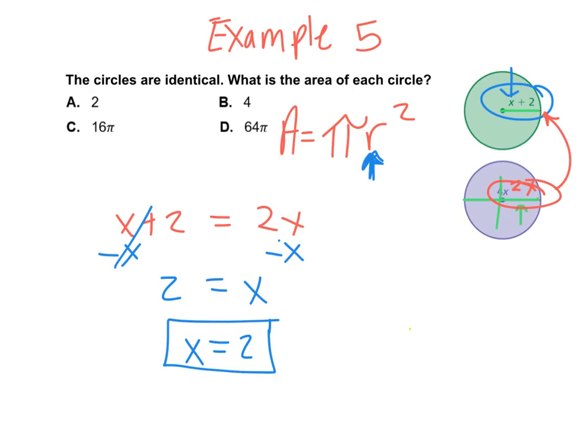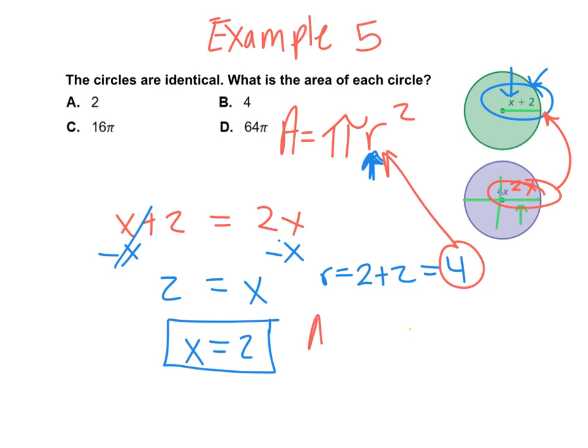So now to find the radius, I just plug it in to either equation, actually. I know that my radius is x plus 2, so that's 2 plus 2, which equals 4. So now I just take this 4 and plug it in where the r is to get the area of each circle.